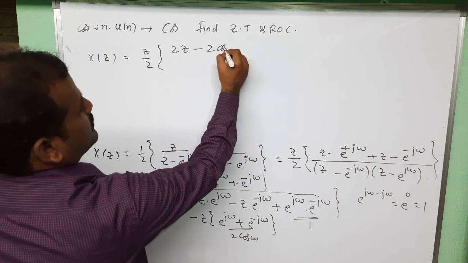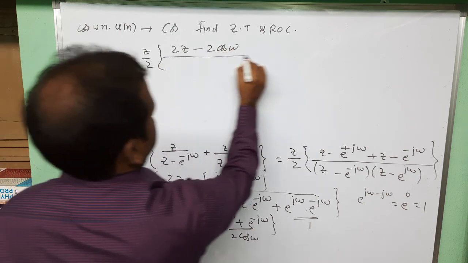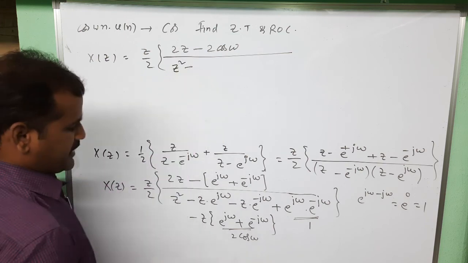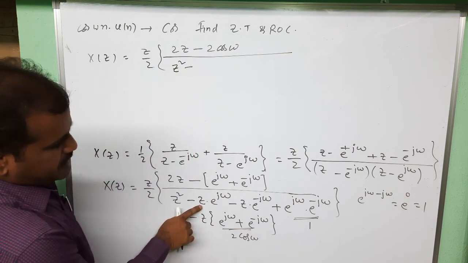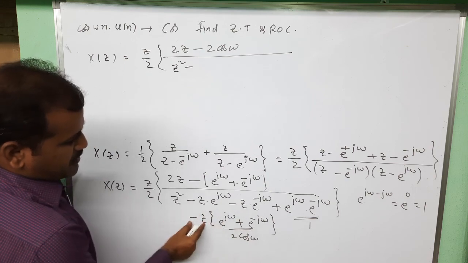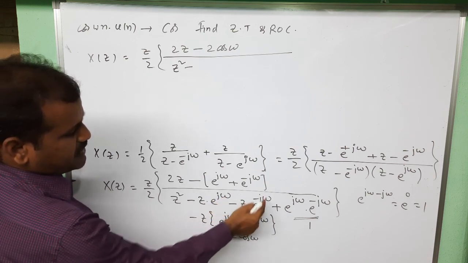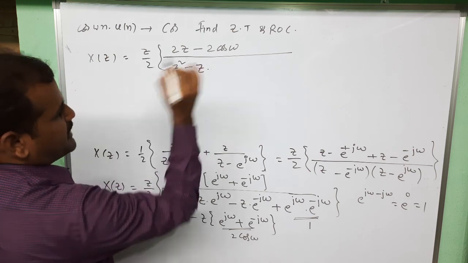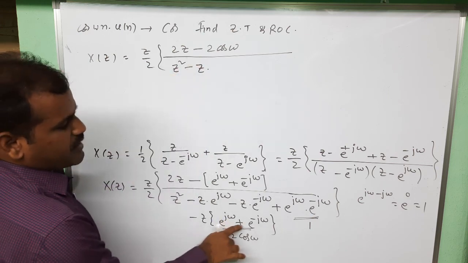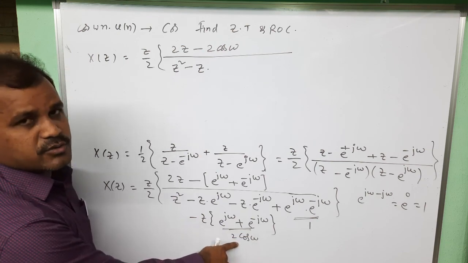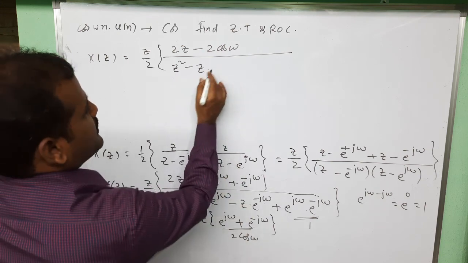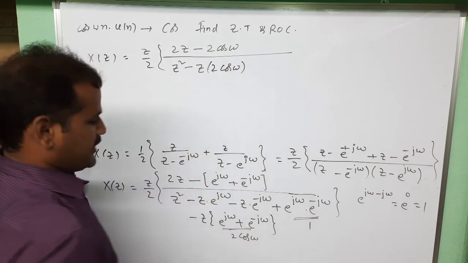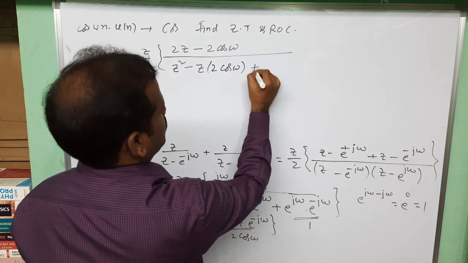That means 2 cos omega, divided by, and first term z square minus z, if we take it common, e power j omega plus e power minus j omega is there. That means minus z, take it common. So e power j omega plus e power minus j omega we are writing as 2 cos omega. That means we can write 2 cos omega here and the remaining term is 1.